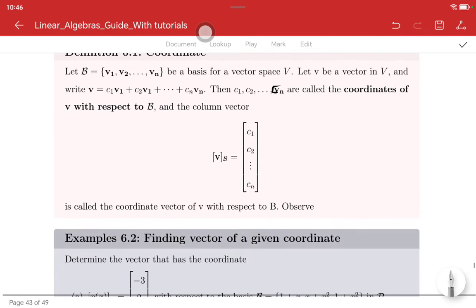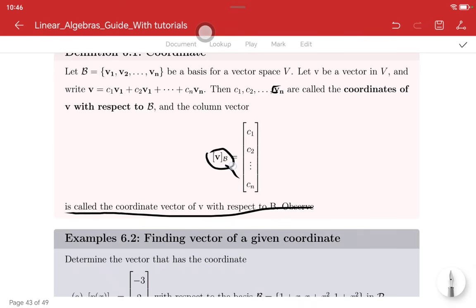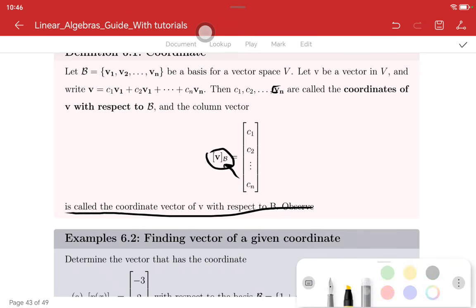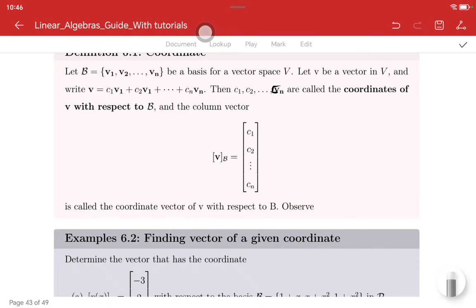This is called the coordinate vector of v with respect to B. So this is v with respect to that B. Always the small one will be called with respect to. You say, right?